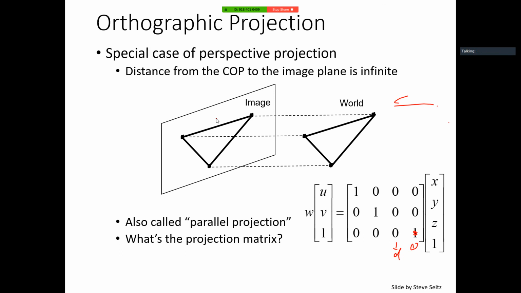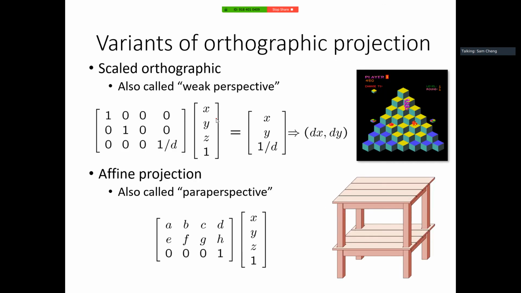And this is orthographic projection, and there's some variation where we can change this scale a little bit. Sometimes people know this as weak perspective. That's the fake 3D in older games, in the 80s or early 90s, I guess.